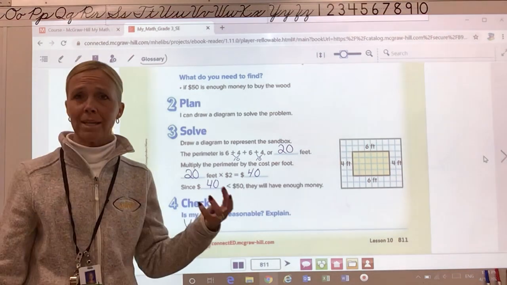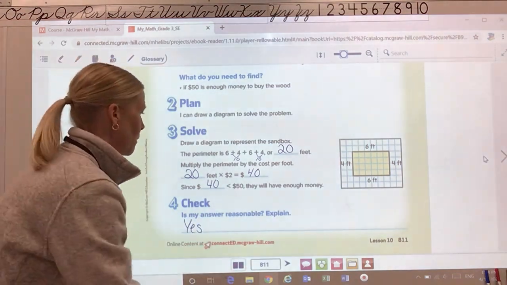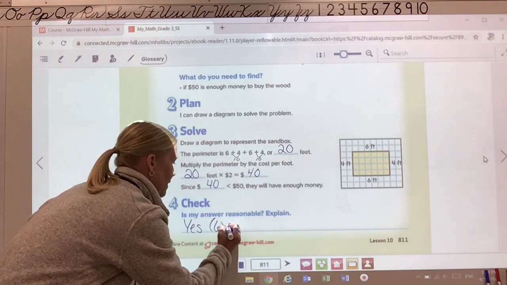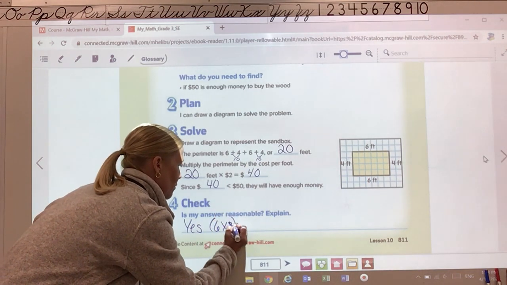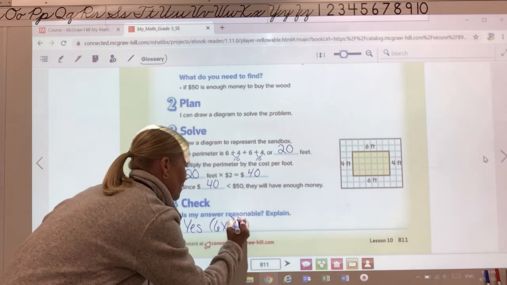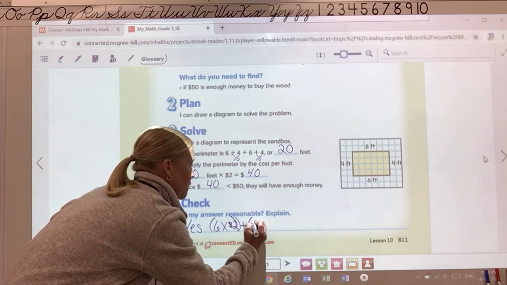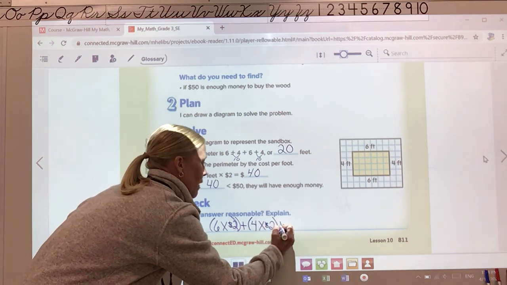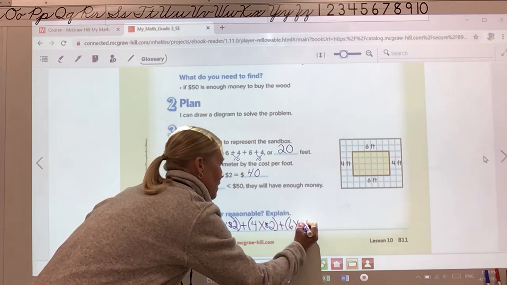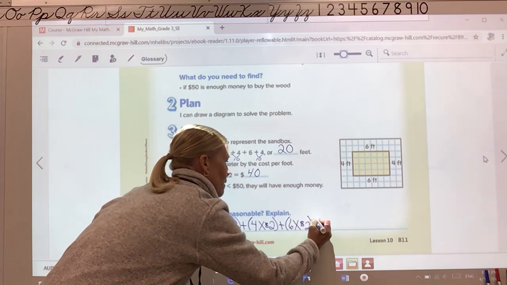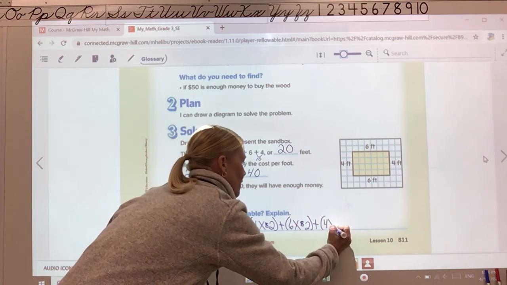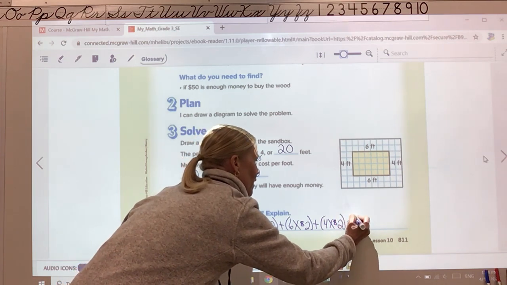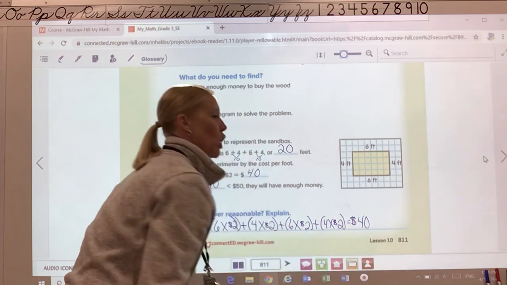So, one of the ways that we could do it is kind of a long way, but we could say 6 feet times $2, plus 4 feet times $2, plus 6 feet times $2, plus 4 feet times $2 equals a total of $40.